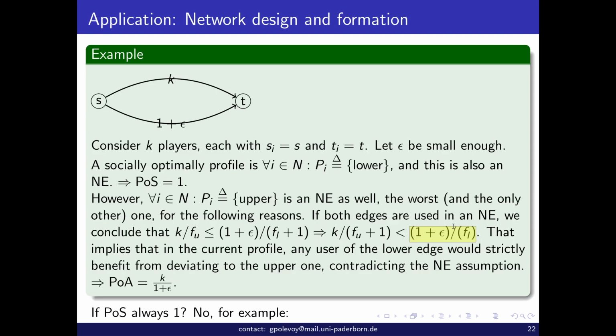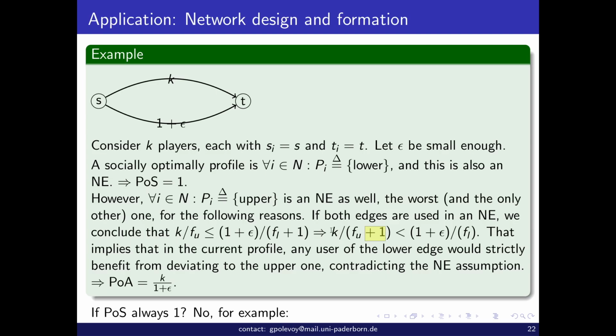If she deviated to the upper edge, what would she pay? She would pay the cost of the upper edge, which is k, divided by the new number of users of the upper edge, which is the previous number of users, fu, plus that deviator, plus 1.